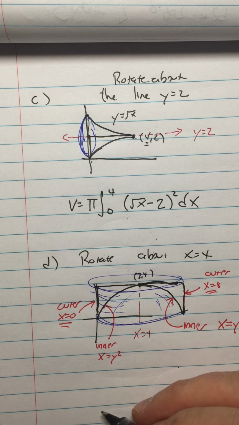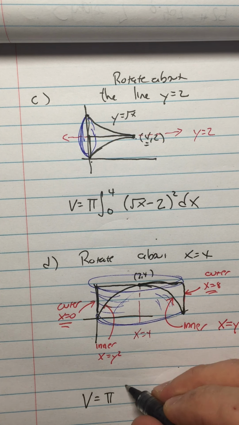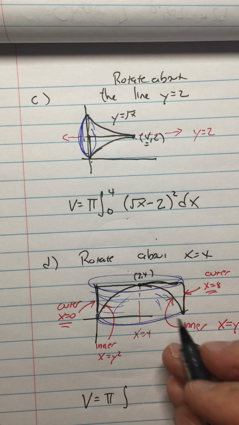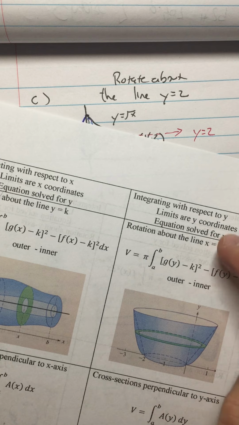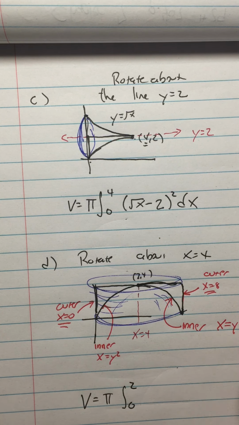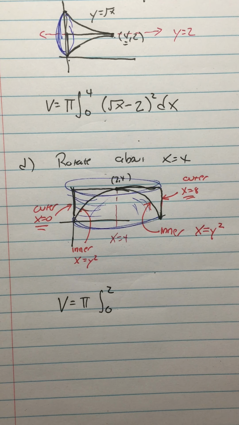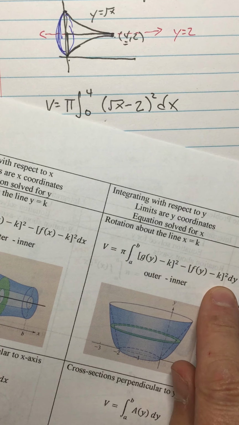All right. So then my volume is equal to pi times the integral. Now we're rotating about x equals 4, so we're on this side, so the limits are y coordinates. My y coordinates go 0 to 2. You've got to really watch what the limits are. Then I go outer function minus k, then inner function minus k, right?